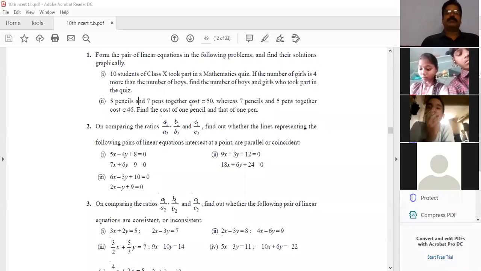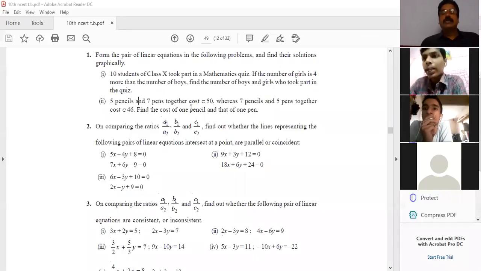Second equation: 7x plus 5y equal to 46. So for these two equations also, find solutions and draw the graph.